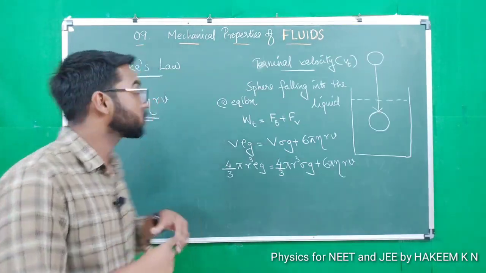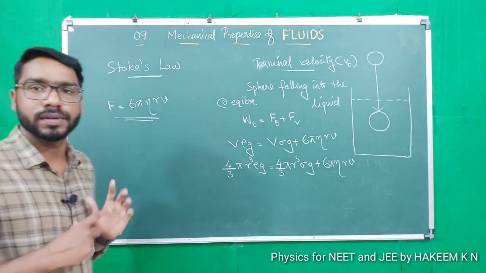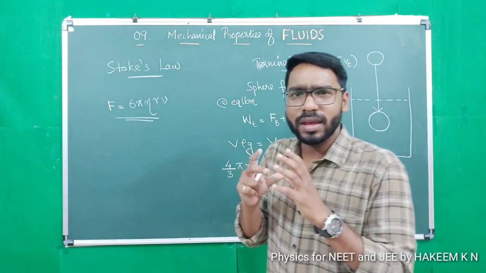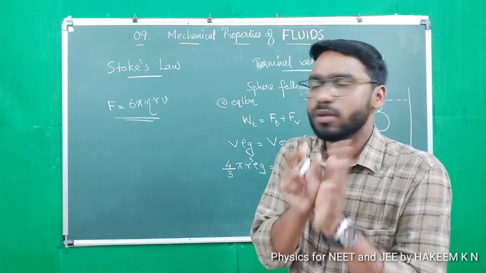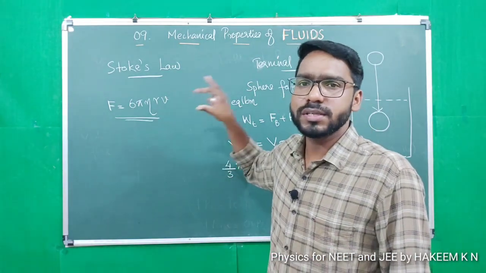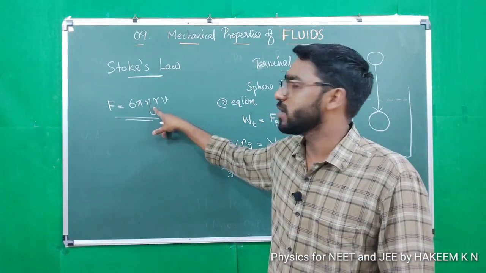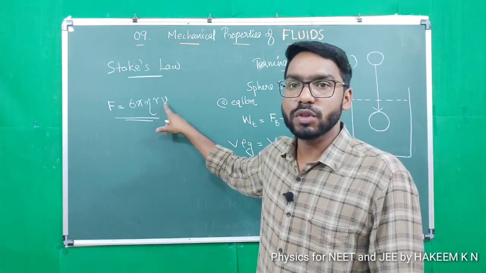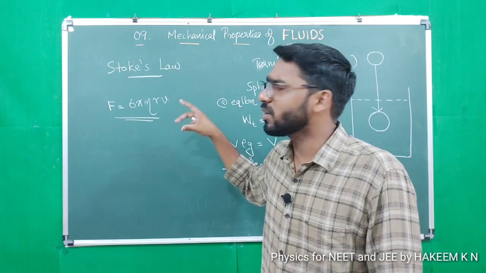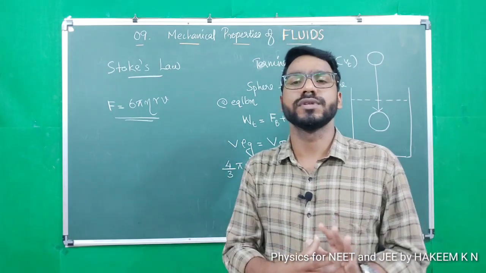Next, Stokes law. When a sphere of radius r is moving through a fluid of viscosity eta with velocity v, it will get a fluid friction or opposing force.